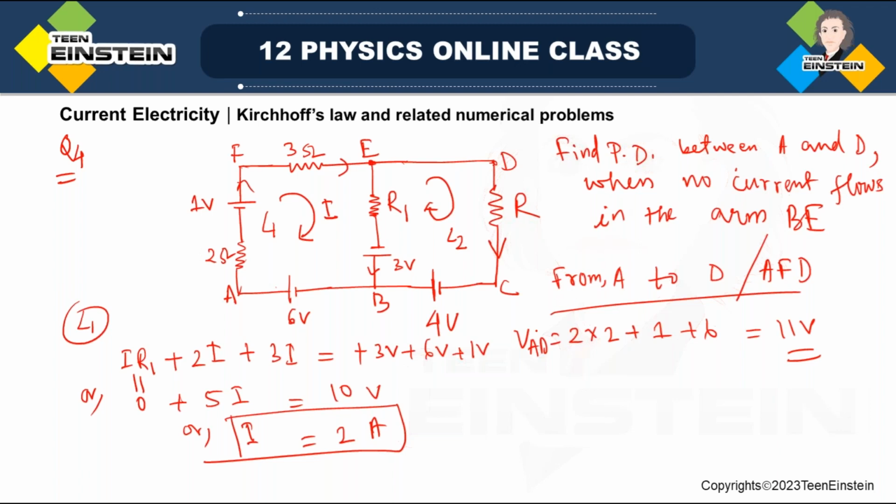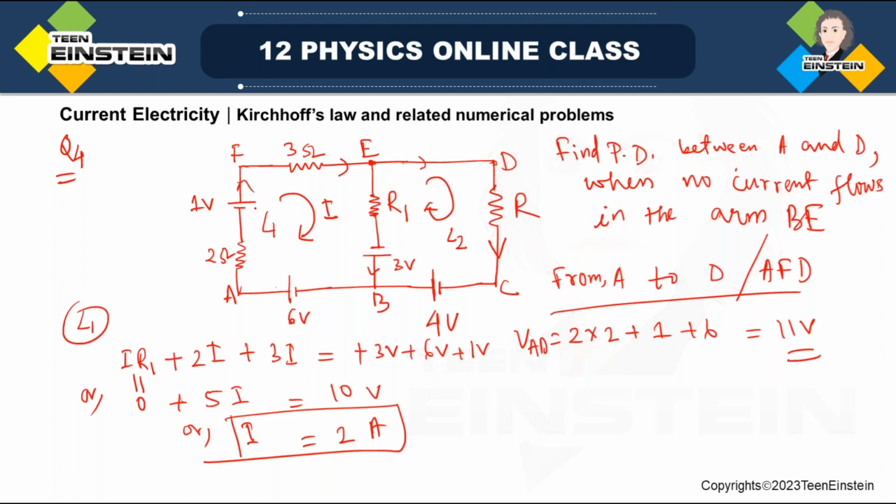Oh, I have taken 2, okay, 2 volt. I have to take, let me see whether I have done some mistake in the polarity somewhere. Polarity. This is the voltage.